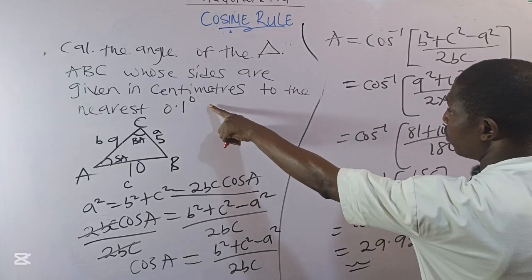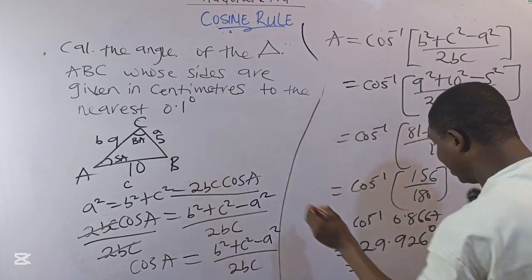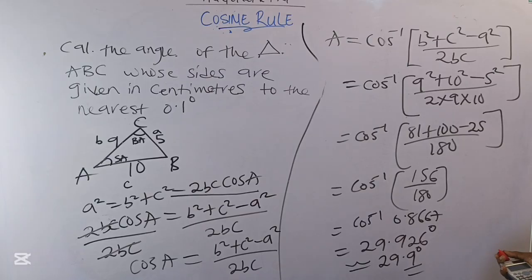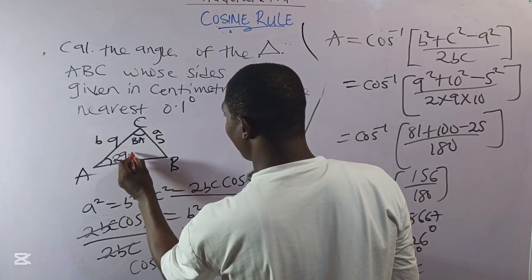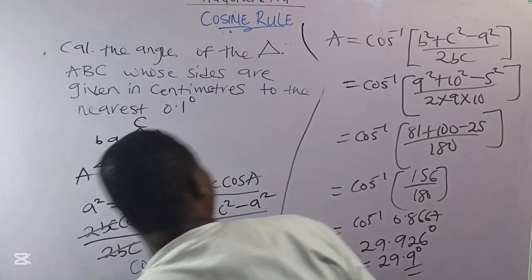And they set it to 0.1 degree, meaning to 1 decimal place, because you can see after the decimal you have just one digit. So I have 29.9 degrees for my angle A, which is the smallest angle. So I'll put my 29.9 degrees here. And next I'll go for my angle B.